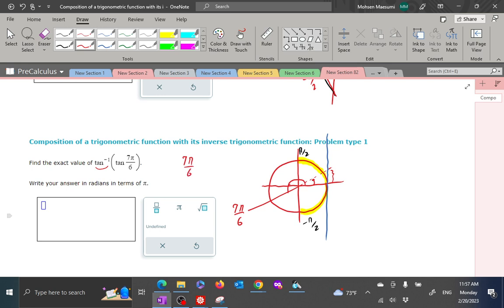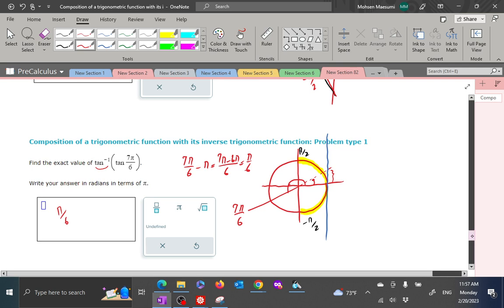You can just subtract pi from this: 7π minus 6π, you end up with π/6, and the answer is π/6. And that is the recipe we mentioned here.